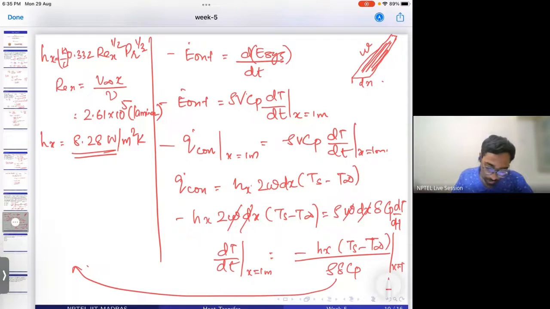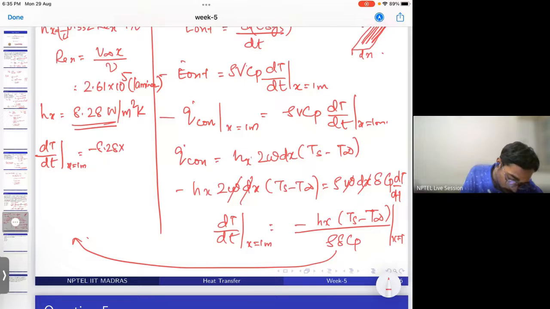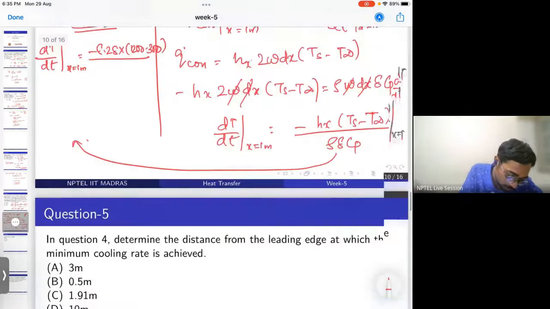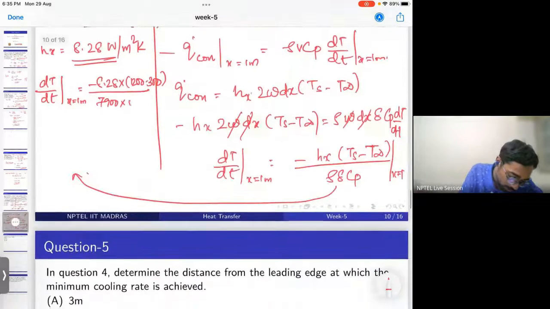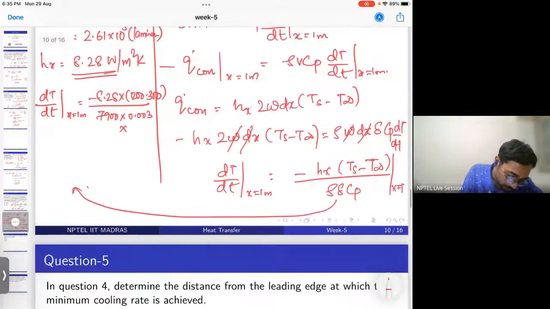So everything we got, that is hx. Ts and T infinity are already given in the question, and rho delta Cp we can write. So at x equal to 1 meter, it is minus 8.28 into (1200 minus 300) divided by rho, how much is the rho given? 7,900 times delta, given as 0.003, times Cp, 640.